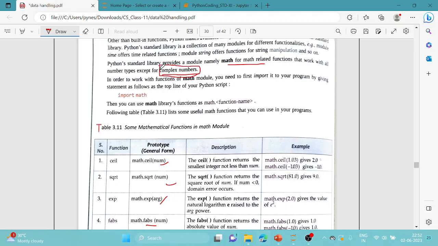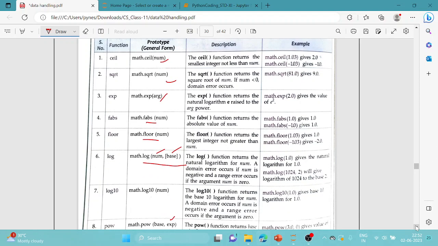Except for complex numbers, we can work with all kinds of numerical values along with some functions in this math module. This math module is nothing but a Python file which provides you some inbuilt functions. Now, what functions do we have here?